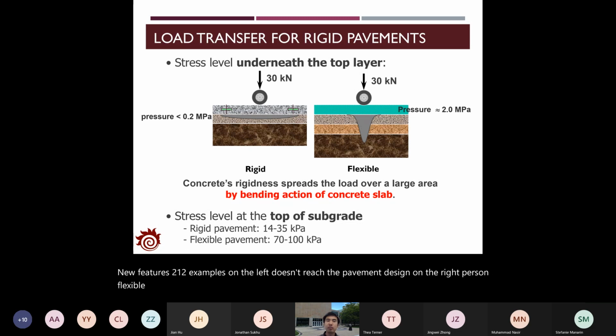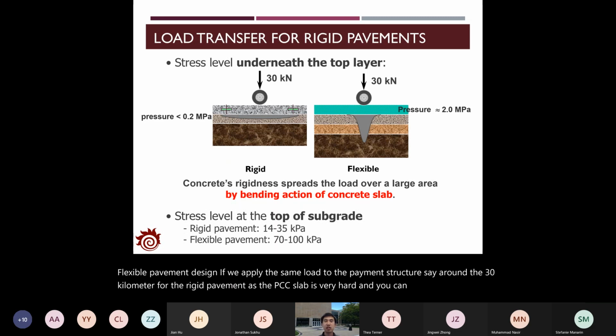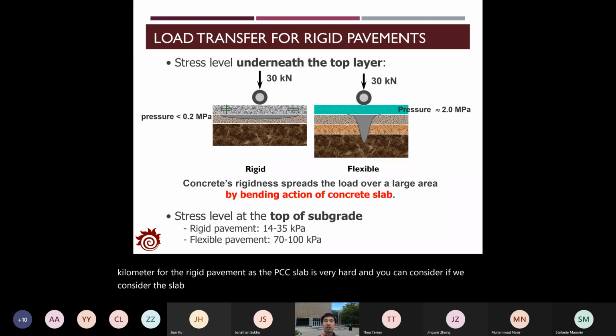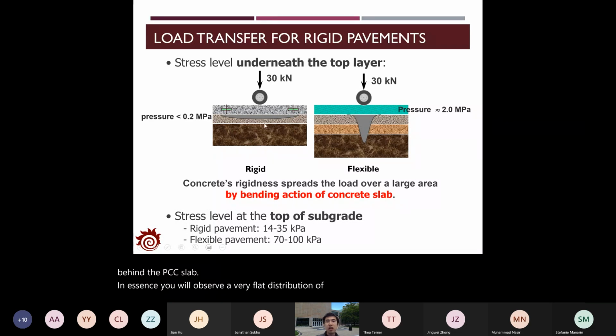If we apply the same load to the pavement structure, say around 30 kilonewton. For the rigid pavement, as the PCC slab is very hard, if we consider the slab action, you can see that the load will be almost evenly distributed behind the PCC slab. In that sense, you will observe a very flat distribution of the stress.